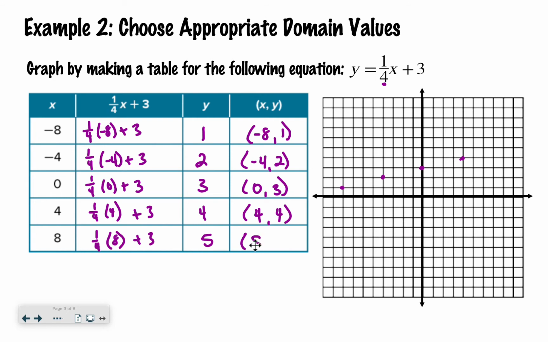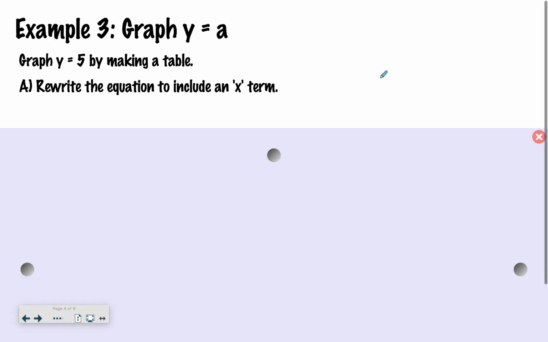Okay, so now I have 8, 5, and then I connect my dots. So when you are graphing something with a fraction, making a table, plug in numbers that are multiples of the bottom number. If you have questions about that, please be sure to ask for some help.